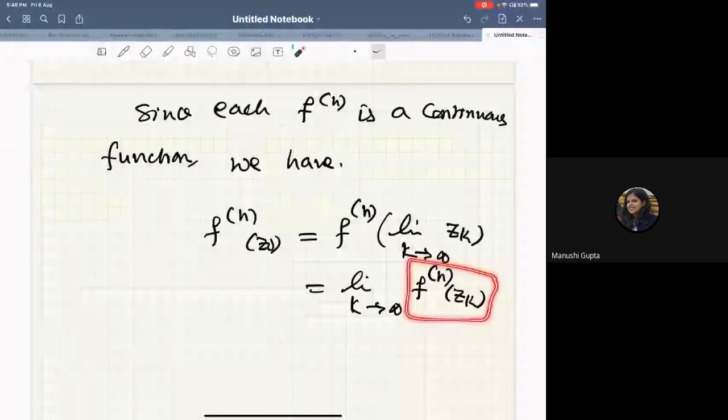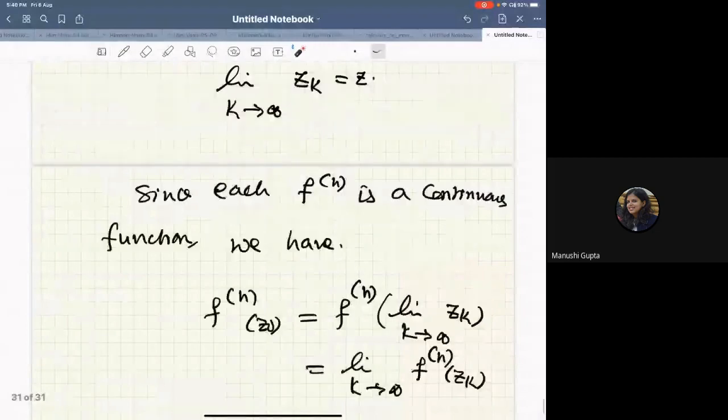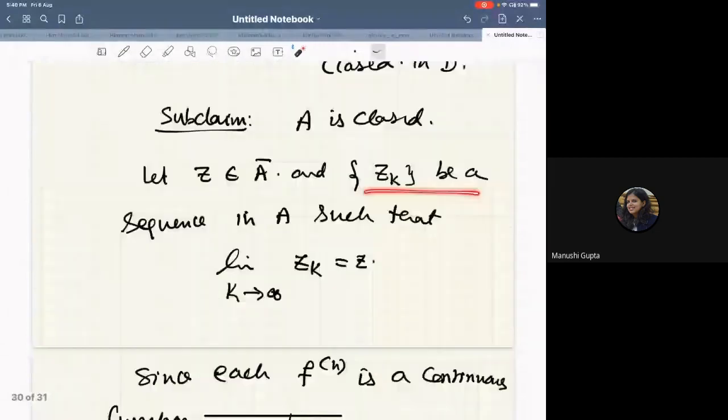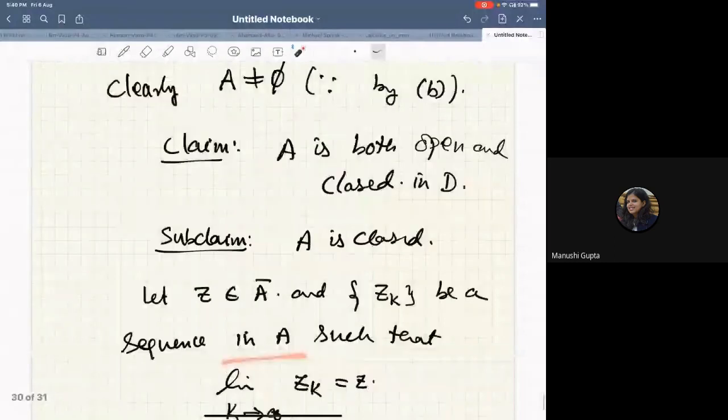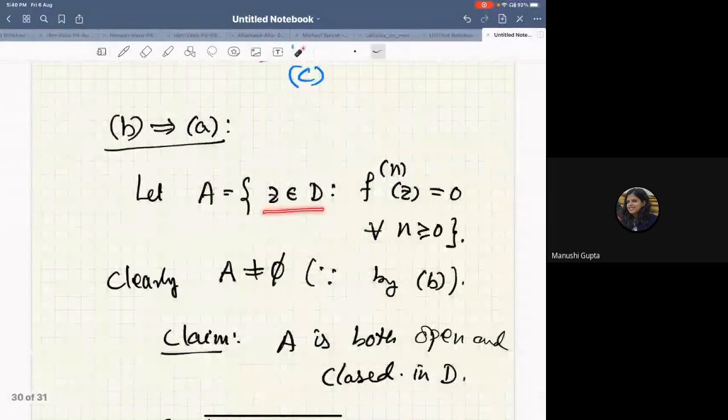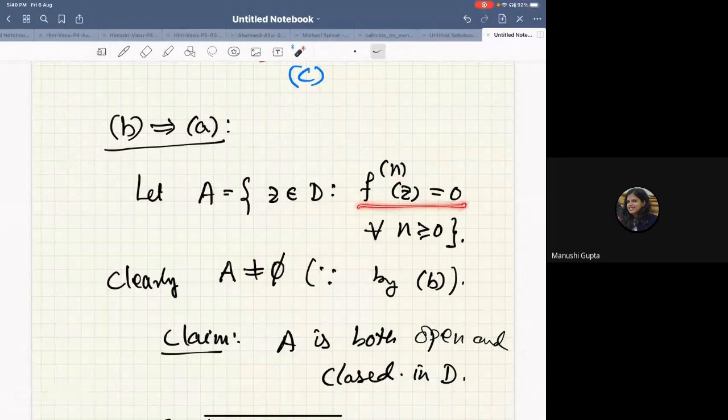Because your Zk is a sequence from A, and A is defined by the set of all Z belonging to D such that Fn of Z equals 0.